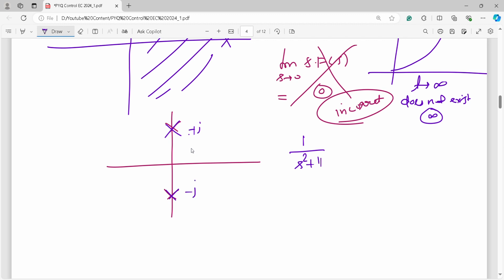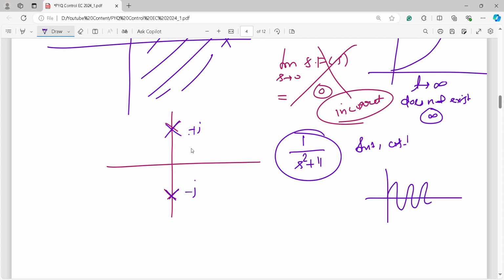The imaginary terms will give oscillation, because they introduce sine and cosine terms. Sine and cosine like that give the oscillation.